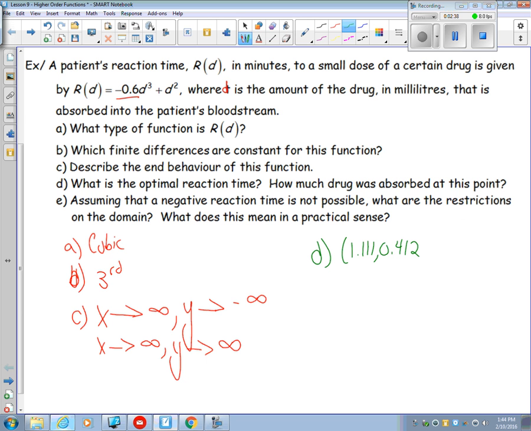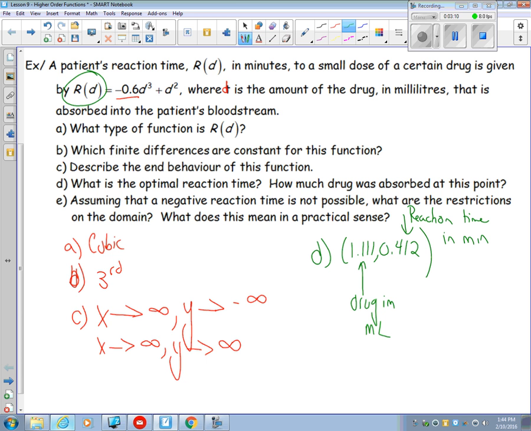So what does that mean to me? What is the optimal reaction time? How much drug was absorbed? So our reaction time is R, which we said was Y, which would make that your reaction time. Oh, sorry. Yes. That's your reaction time. How much drug was in? That was our X. This would be the drug in milliliters, and this was our reaction time in minutes.